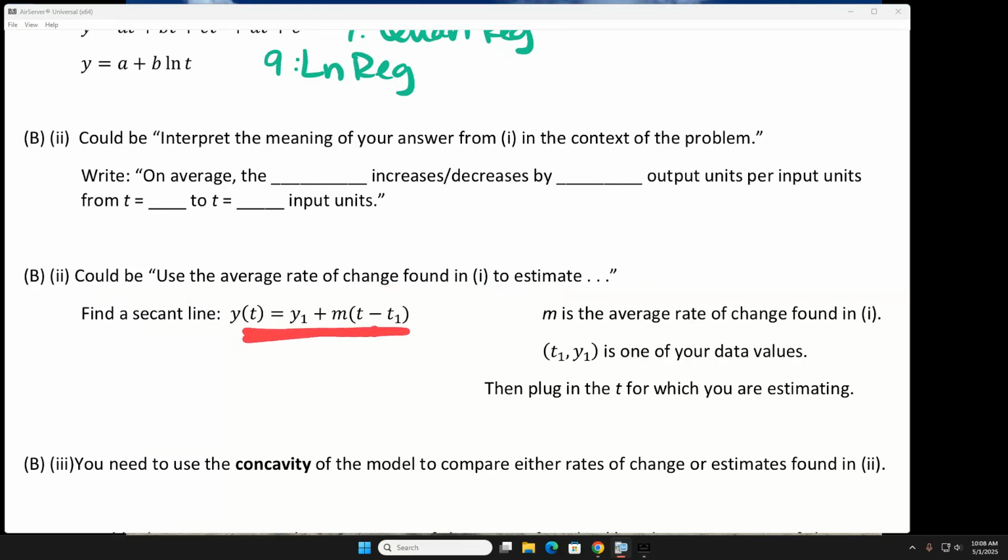And so what we're going to do is find the secant line. Now we did this a ton, but it's been a while, where you use m is the average rate of change we just found, and then this is going to be a point, one of your data points, either one, it doesn't matter. So you find the secant line, and then in this case we're going to plug 6 in for t when we're done.